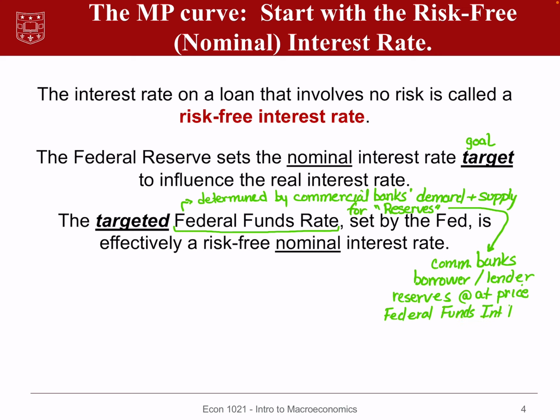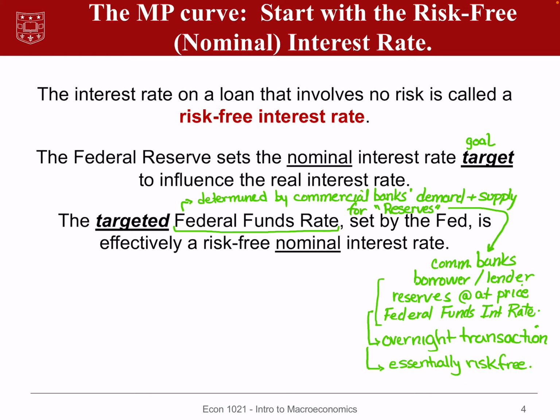So this is just one type of financial market in the macroeconomy, short-term financial market. Commercial banks are borrowers and lenders of reserves, and this borrowing and lending is an overnight transaction. So we'll see why that happens in chapter 22, but suffice it to say that commercial banks are borrowing and lending bank reserves overnight. And because it's overnight, nothing is exactly risk-free, but this is essentially risk-free for all intents and purposes.